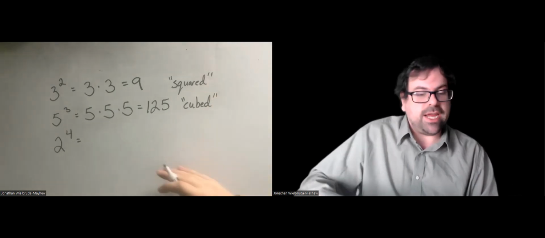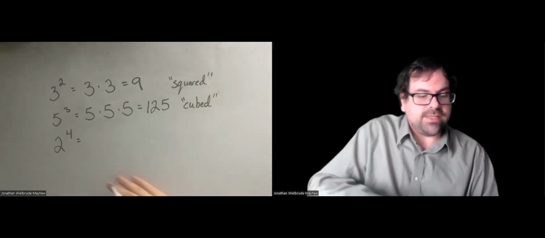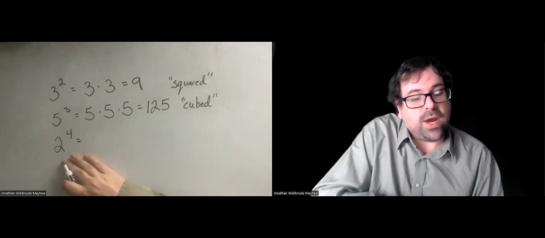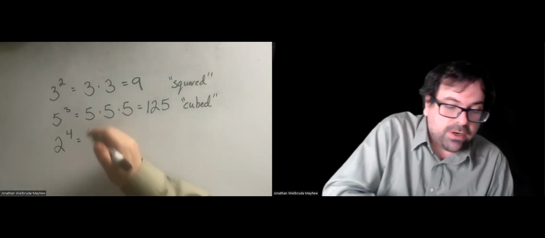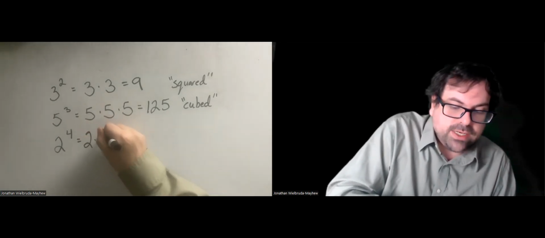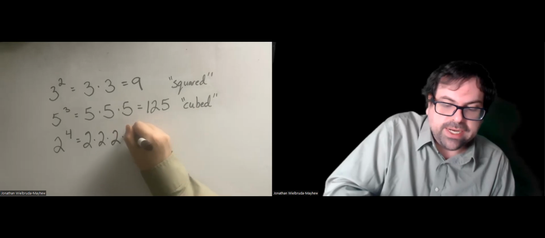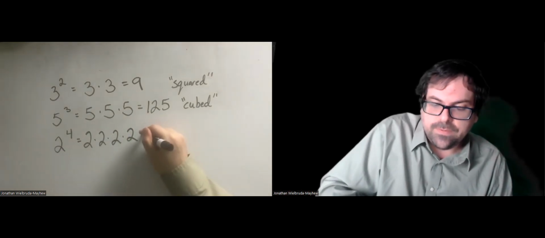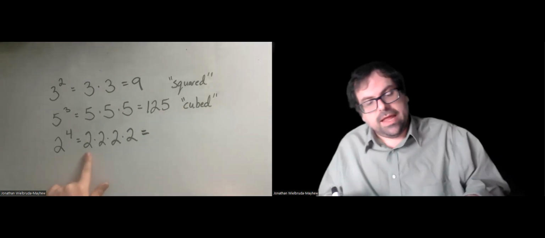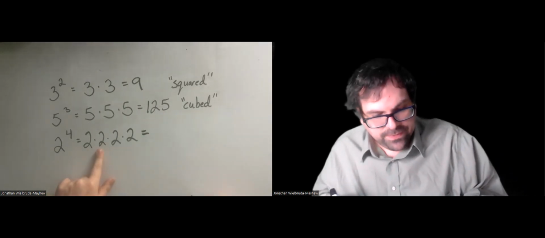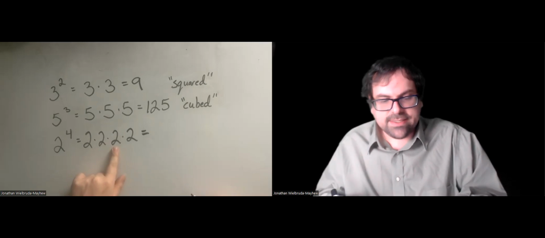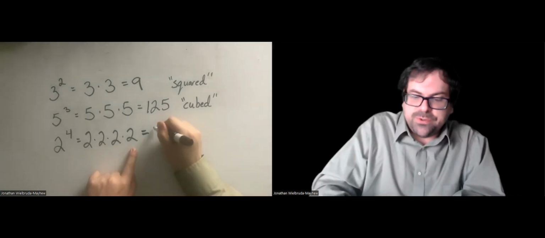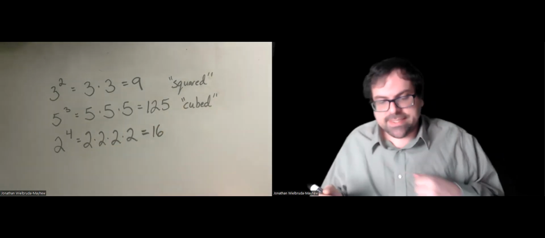We don't have any special names for fourth power and on, so this would only be read 2 to the fourth power, but that's 1, 2, 3, 4 factors of 2. Left to right, 2 times 2 is 4. 4 times 2 is 8. 8 times 2 is 16.